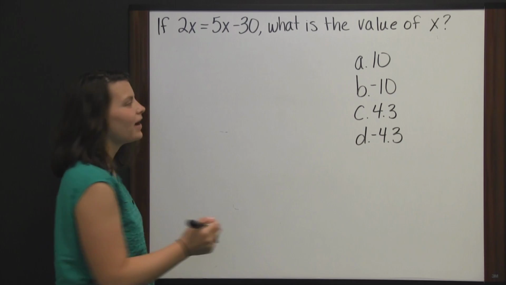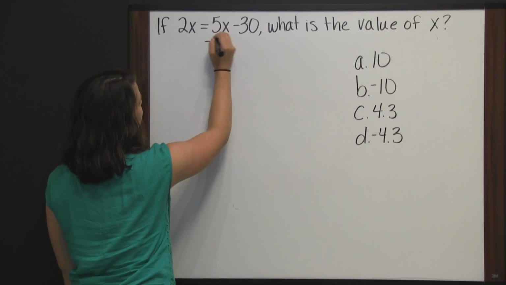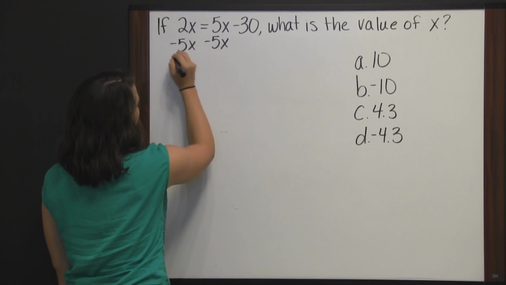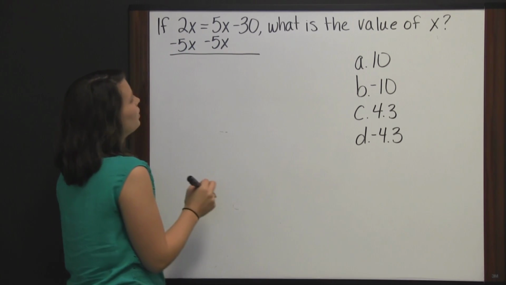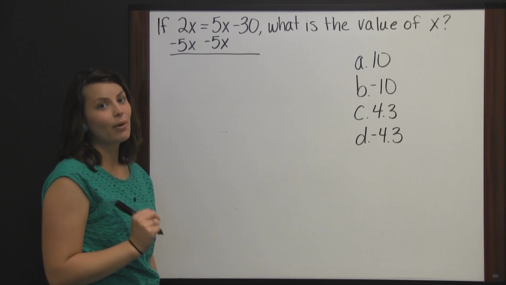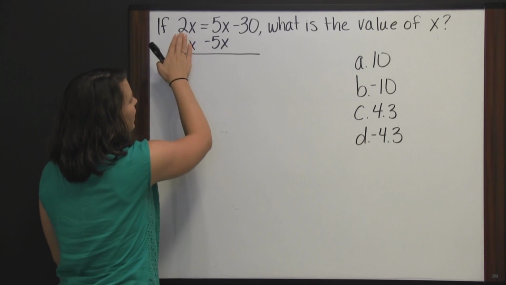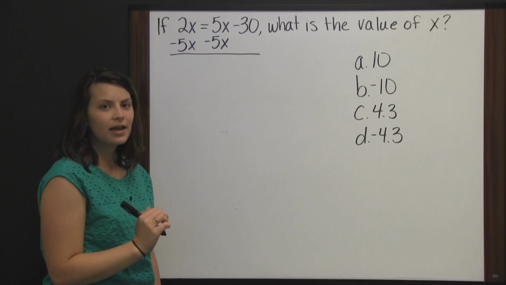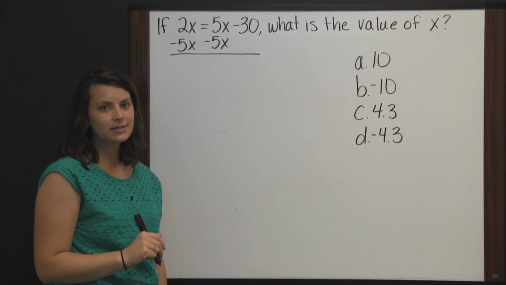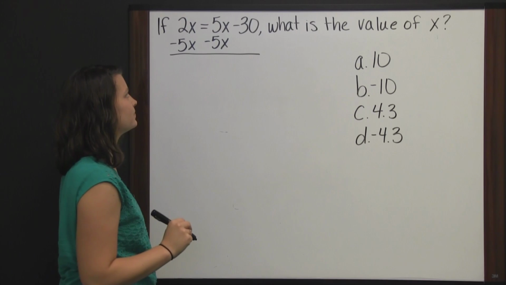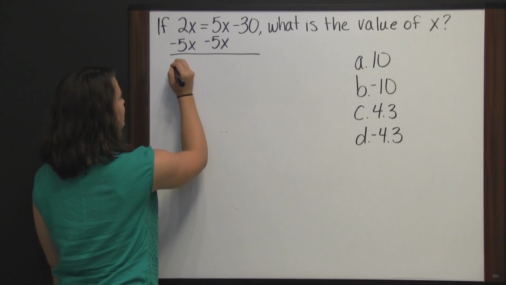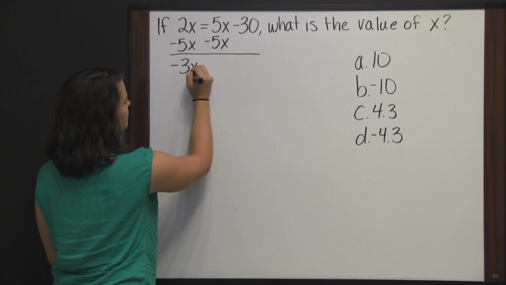I'm going to subtract 5x from both sides. This is called the subtraction property of equality. Because I have the left side equal to the right side, I can subtract the same thing from both sides, and they'll still be equal. 2x minus 5x is negative 3x.